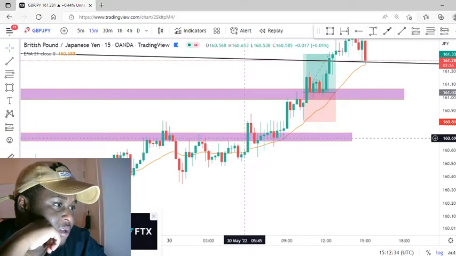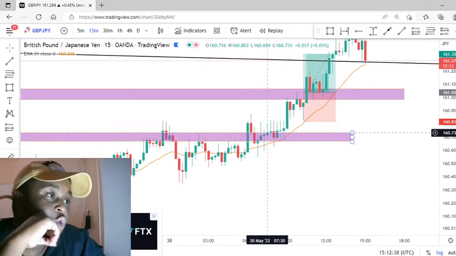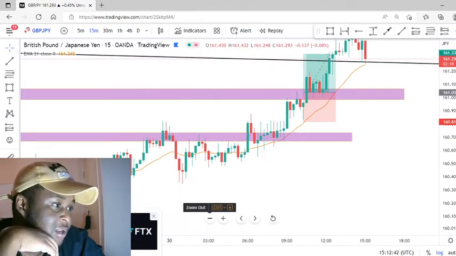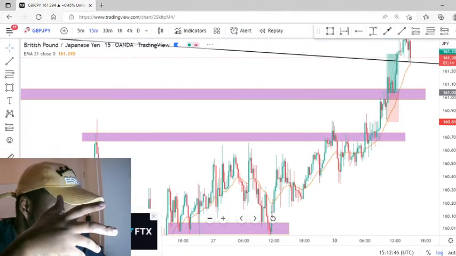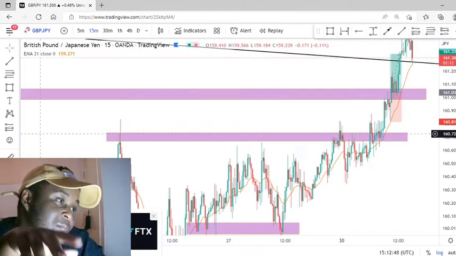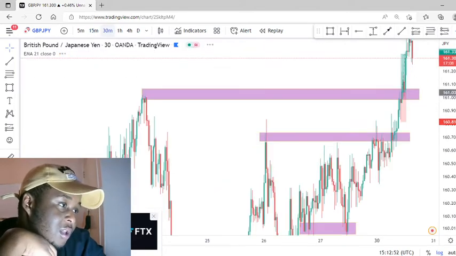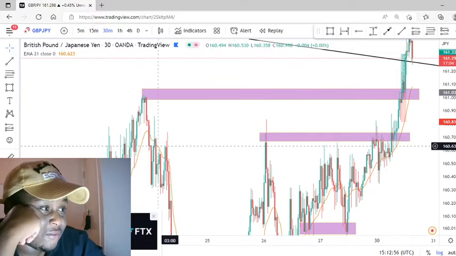May 30th. So basically, let me just explain this resistance over here, right? I looked back to the left side and then I saw that okay, the market failed to break this high, and then failed to break this high.